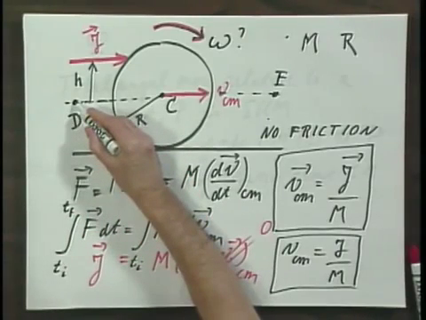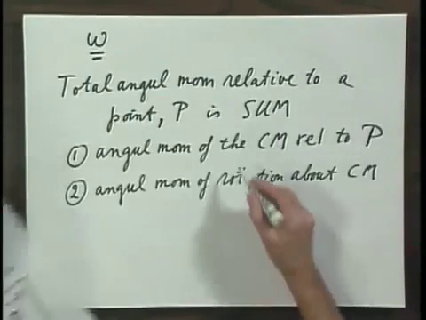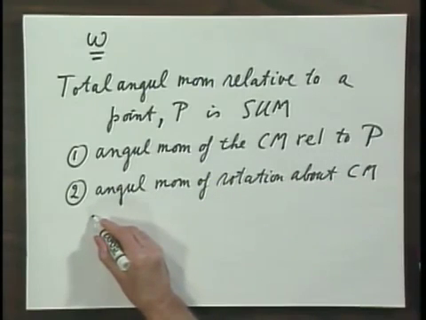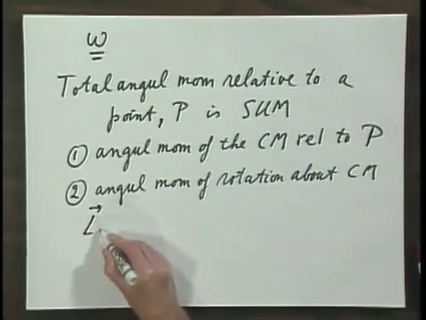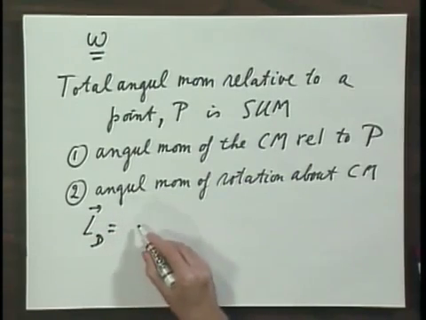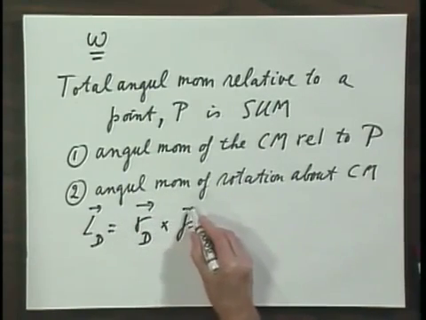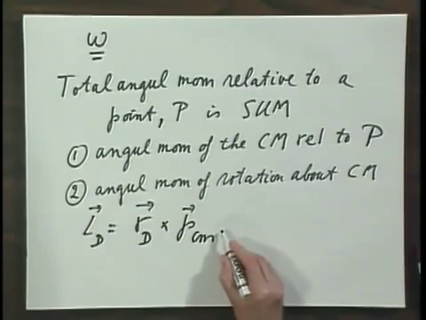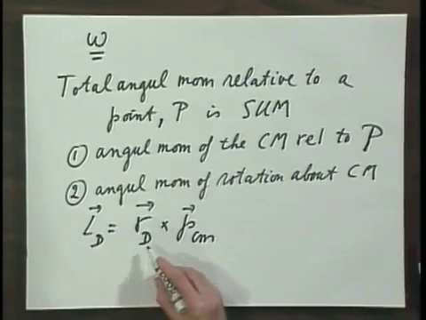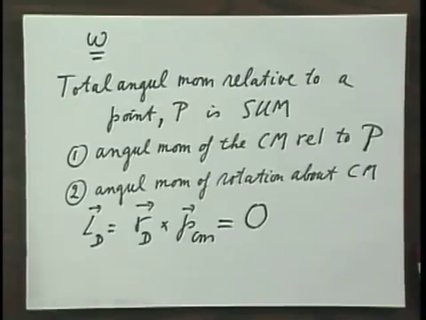So I have to evaluate now the component number 1, which is the angular momentum of the center of mass relative to point P. The angular momentum relative to point D, D is my choice, equals the position vector relative to point D, cross product with the momentum of the center of mass, because it's the angular momentum of the center of mass relative to that point, and my point is D, and that, I claim, is 0.